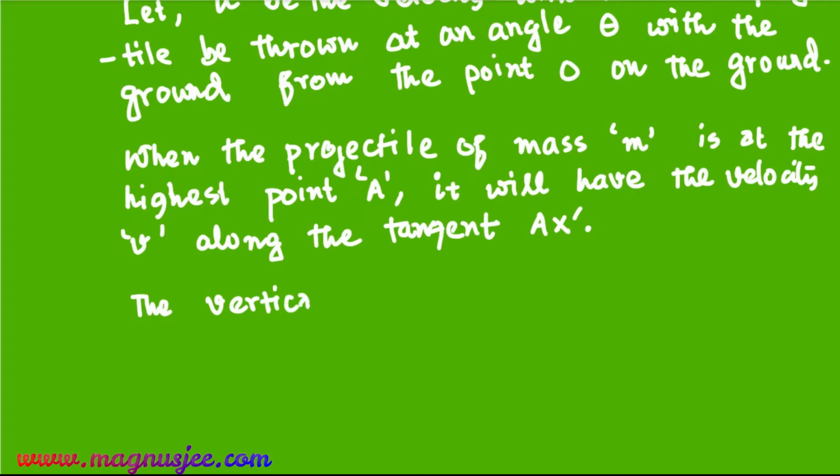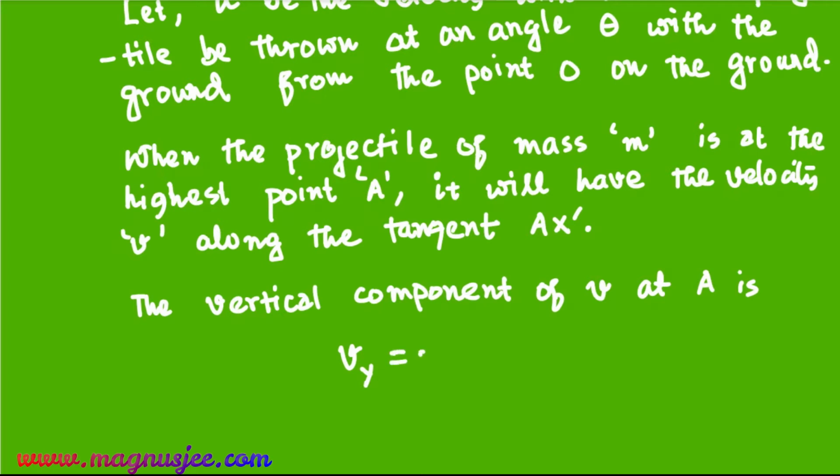The vertical component of the final velocity v at the highest point A is Vy equal V cos 90 degree, because Vy is perpendicular to V, or perpendicular to the tangent.